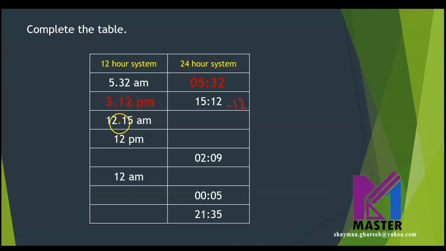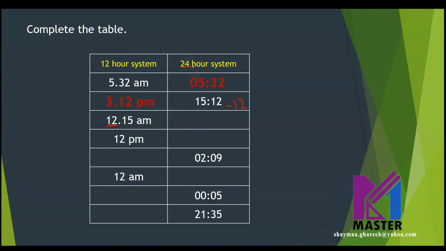Here I have 12 and 15 minutes a.m., or 15 minutes past 12 in the a.m. So this 12 is 12 a.m., which means 12 midnight. How to write midnight in the 24-hour system?